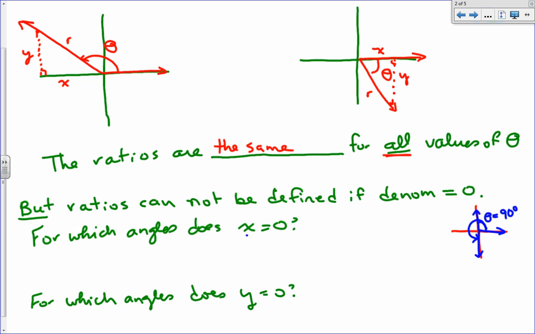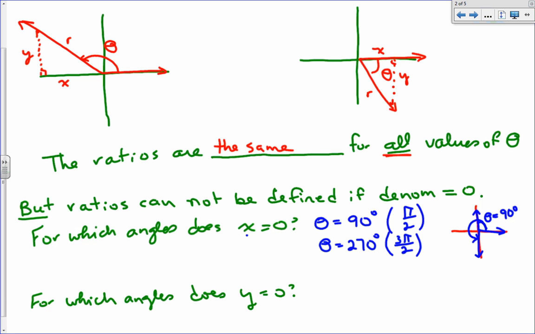So look back at the previous slide, and we can decide which ratios are undefined. So that would be when theta is equal to 90 degrees, or pi over 2 radians, or when theta is equal to 270 degrees, which is 3 pi over 2 radians.